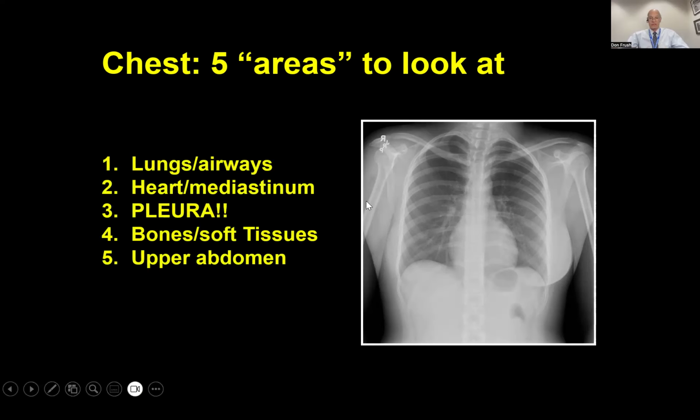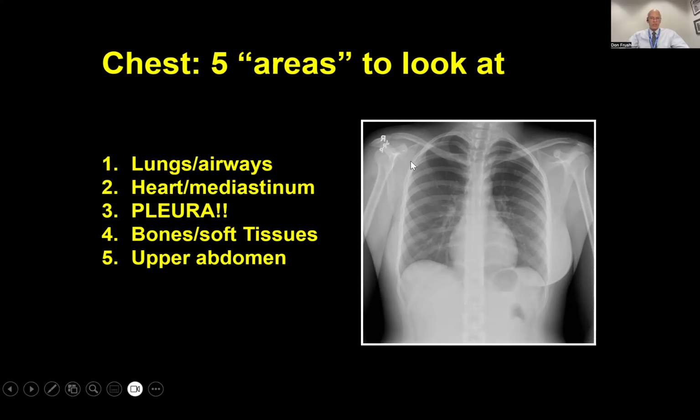So the trachea and the lungs, heart and mediastinum, so the soft tissue within the chest here. The pleura, remember that's a potential space in the lungs. It's not part of the lungs. It's not part of the chest wall. Things like effusions, calcification, pneumothorax, etc.